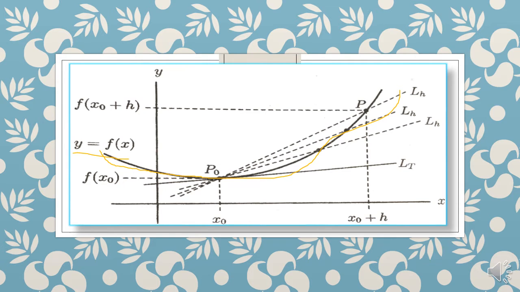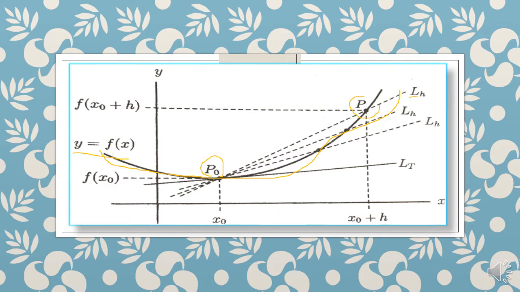Be given. So draw a line, L sub h. Itong line na 'to na dash line, yung L sub h na yan, is through point P sub O, and point P on the graph of y equals f of x.